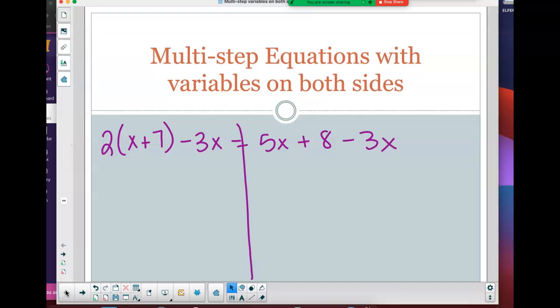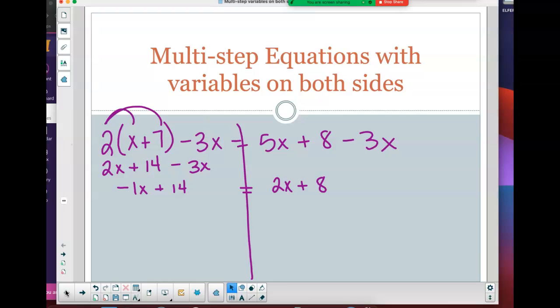Okay? So if I go back to this, here's this process. Okay, you don't have to write any of this down. Step 1 was simplify the left side. So I would distribute 2x plus 14 minus 3x. Simplify, 2x minus 3x is negative 1x plus 14. Step 2, simplify the right side. 5x minus 3x is 2x plus 8.